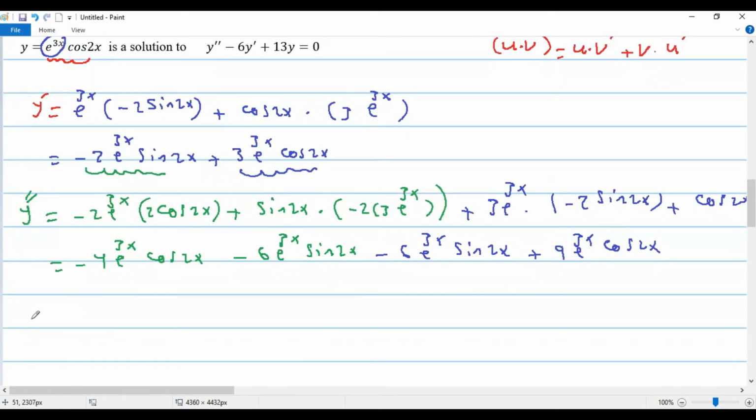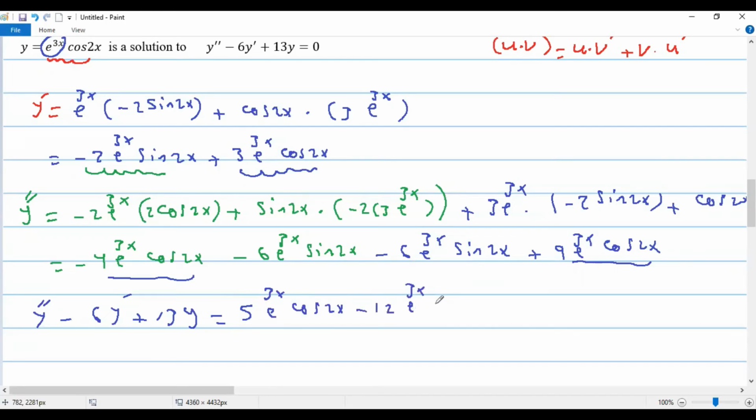Let us write the equation again. I have the equation y double prime minus 6y prime plus 13y equal to. So it will be 5e^(3x) cosine 2x, and I have here minus 12e^(3x) sine 2x.